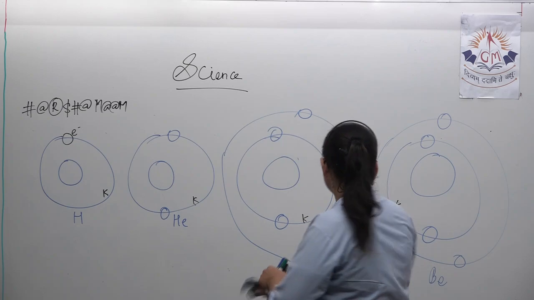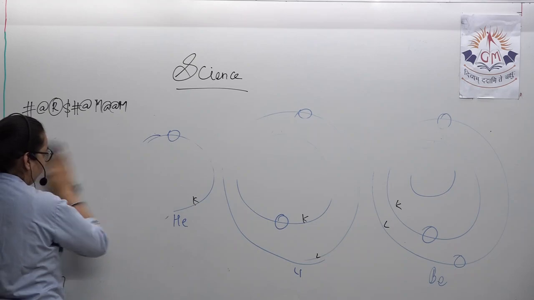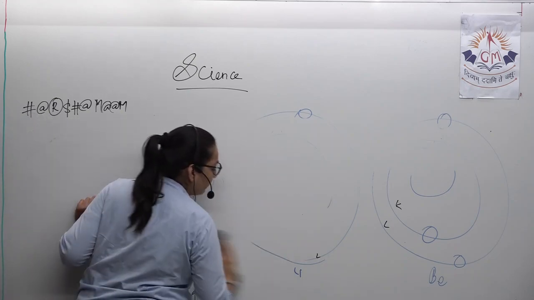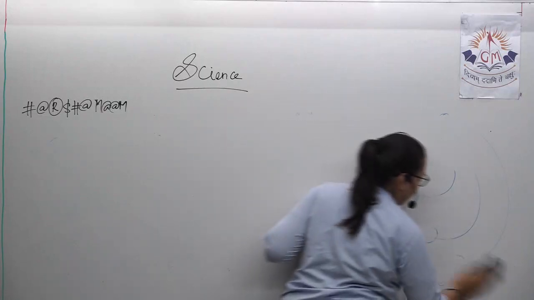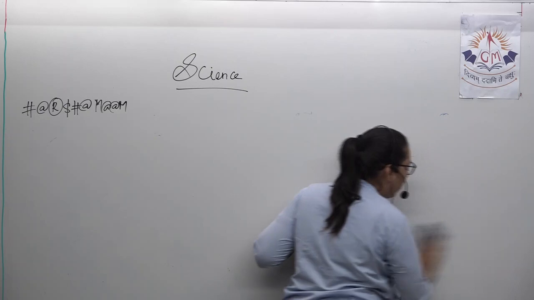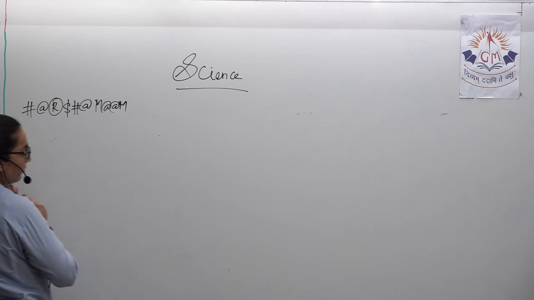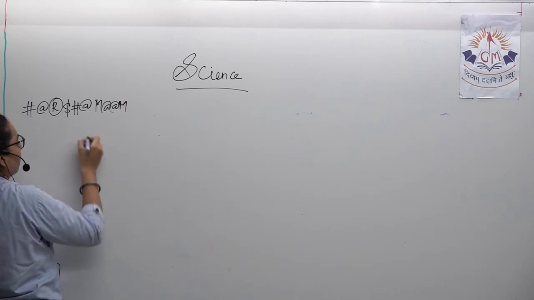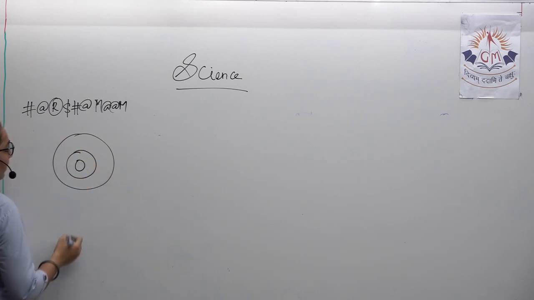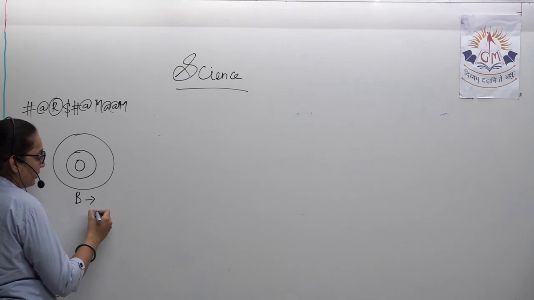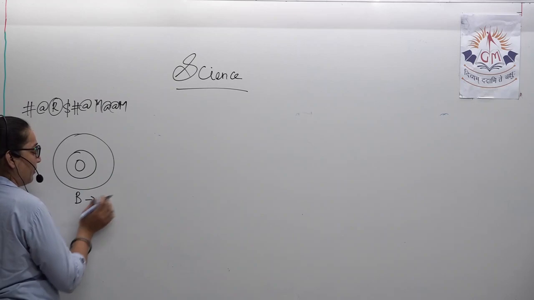Let's move further now. Till beryllium you have noted, now boron. Boron, the atomic number is hydrogen, helium, lithium, beryllium, boron, so atomic number is 5.